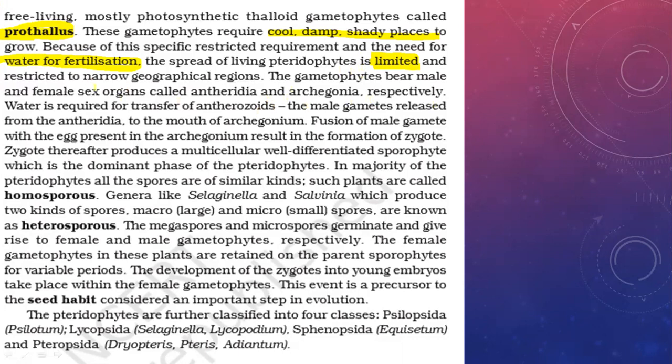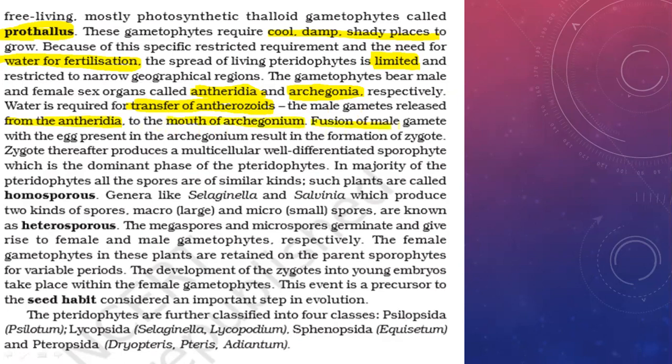The gametophytes bear both male and female reproductive structures. The male reproductive structure is the antheridia, and the female reproductive structure is the archegonia. Water is required for the transfer of antherozoids, the male gametes. So the male gametes from the antheridia of the pteridophyte plant are released to water, and reach the mouth of the archegonium.